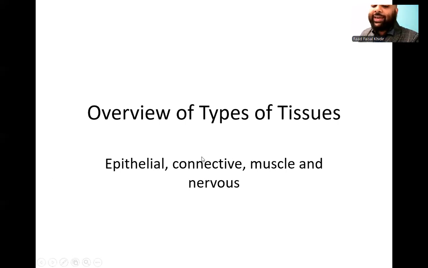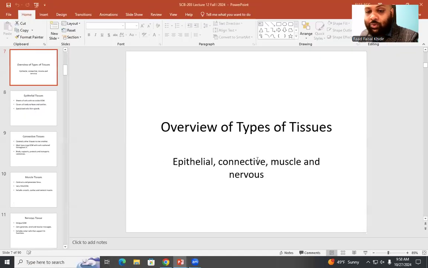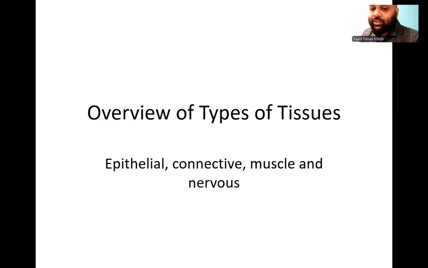Epithelial tissue, connective tissue, muscle tissue, and nervous tissue. So you must know these four. There is no other type of tissue besides these four.